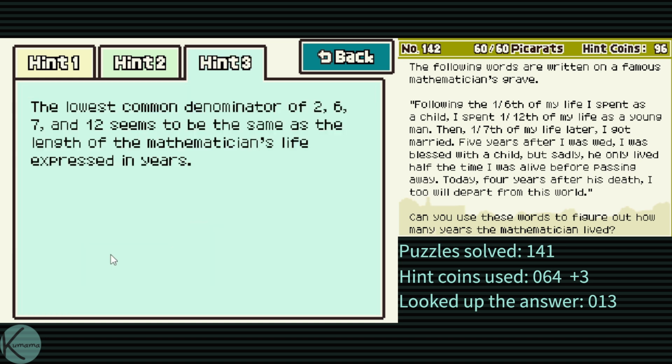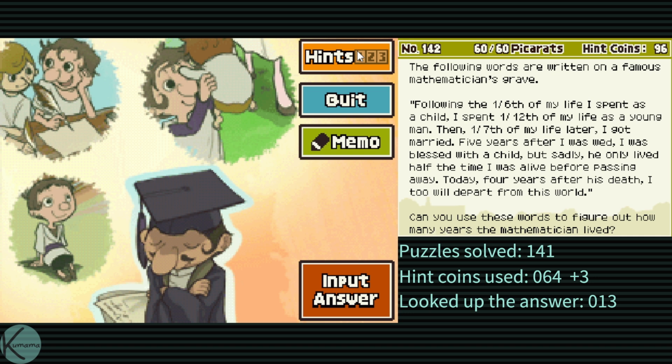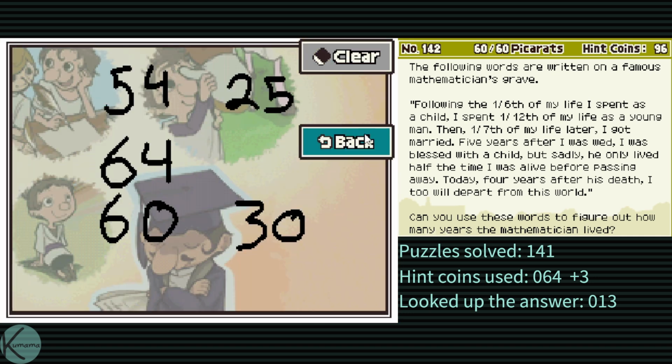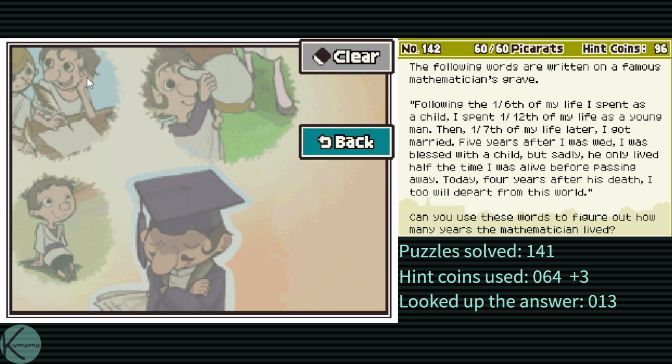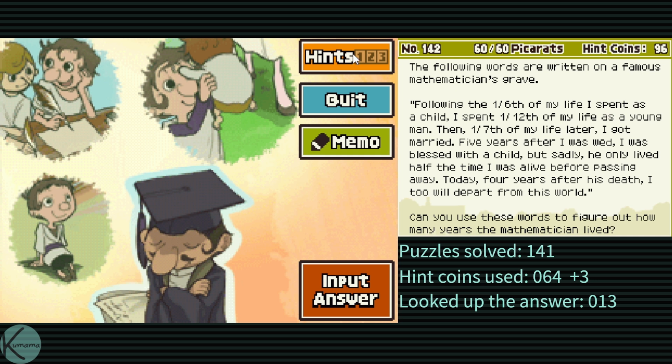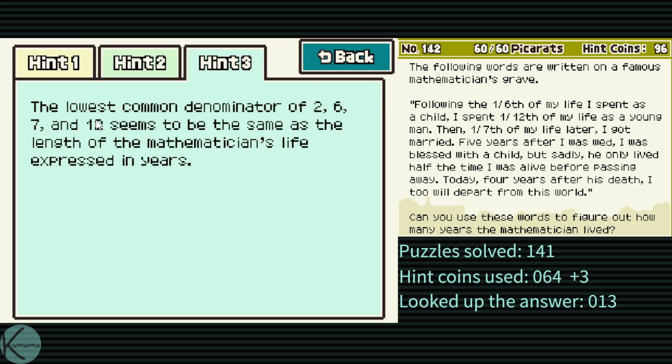The lowest common denominator of 2, 6, 7, and 12 seems to be the same as the length of the mathematician's life expressed in years. What? 2, 6, 7, and 12. Okay.